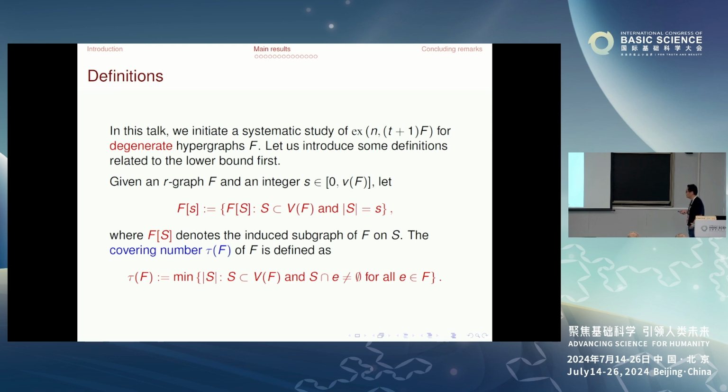Another definition is the cover number of F, denoted tau(F), which is the minimum number of vertices in S such that each edge contains at least one vertex in S.